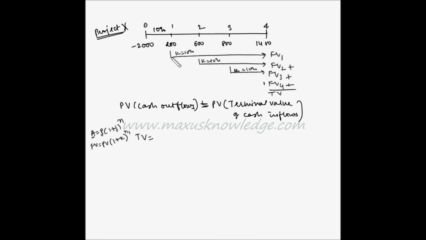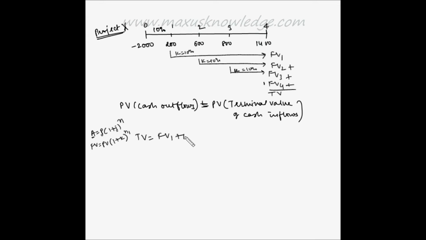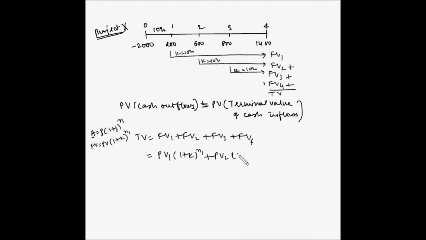So for the cash inflows, we will say TV is equal to FV1 plus FV2 plus FV3 plus FV4, and the future value can be written as PV1 into (1 plus K) to the power N1 plus PV2 into (1 plus K) to the power N2 plus PV3 into (1 plus K) to the power N3 plus PV4 into (1 plus K) to the power N4.